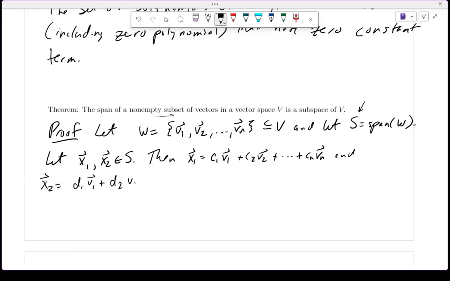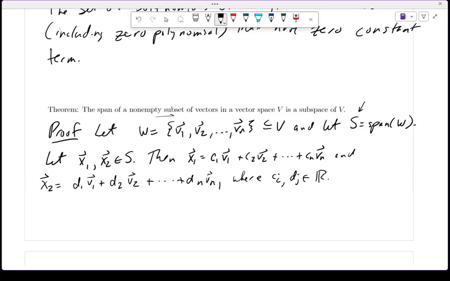So I'll call them d's. So I know that my constants are real numbers, so I'm writing x1 as a linear combination and x2 as a linear combination. Right? That's all I'm saying with that statement.